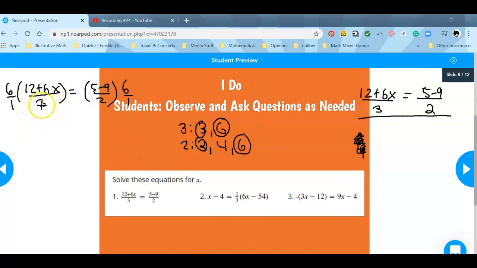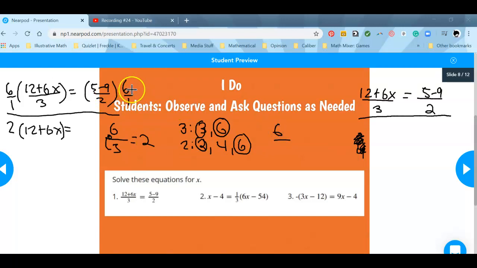So if I go over here, you can see that I have the 6 and 3 here. So I'm going to cross cancel. So 6, 3, how many sets? 2. So I have 2 times the value of 12 plus 6x equals, well, you can see I'm running out of space.